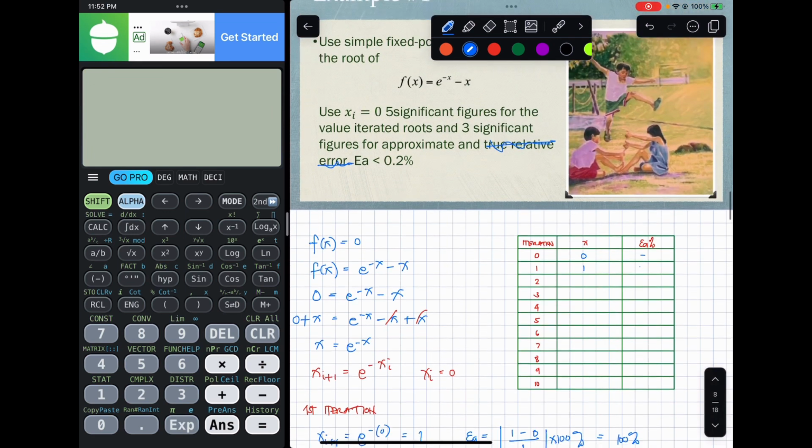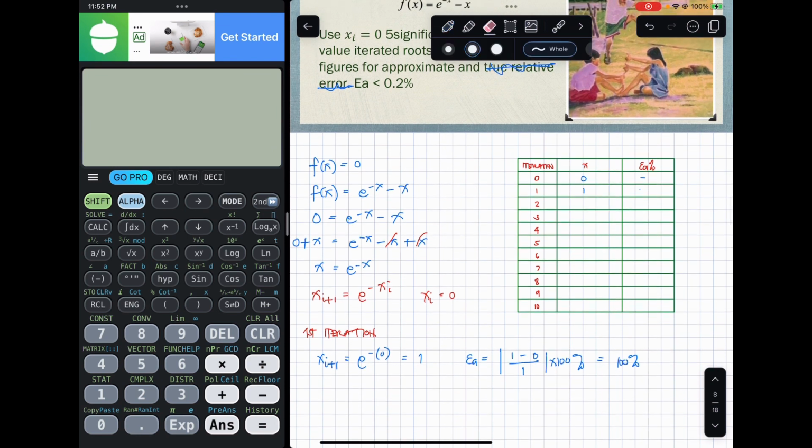By the way, it says it should be 5 significant figures, so I'm going to follow that. That is 100% for the approximate error.